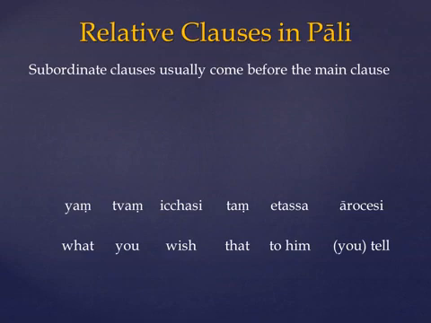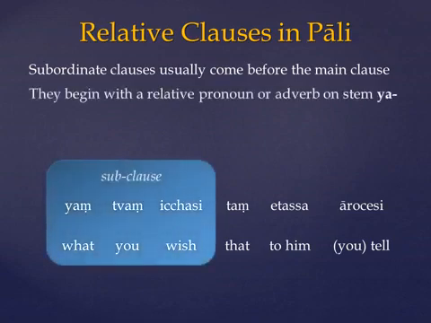Now, like English, a subordinate clause will begin with a relative pronoun or relative adverb. And in Pali, relative terms are formed on the stem ya. In English, relative pronouns have a similar form to interrogative pronouns, who, where and when, etc. But in Pali, relative terms are on a separate stem.